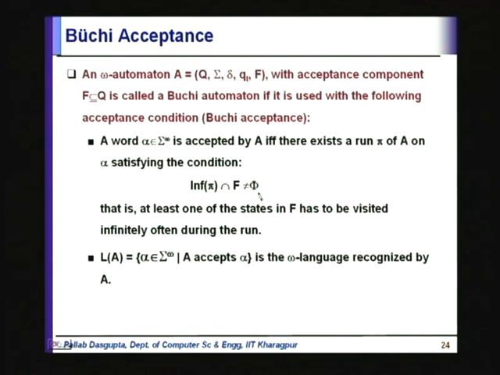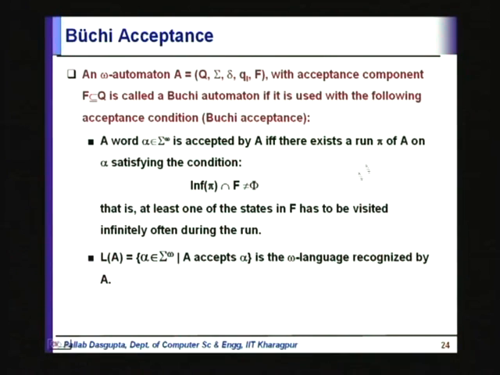In other words, if you look at the set of infinitely occurring states in pi, then that infinitely occurring set has a non-empty intersection with F. So at least one of the states in F has to be visited infinitely often during the run.